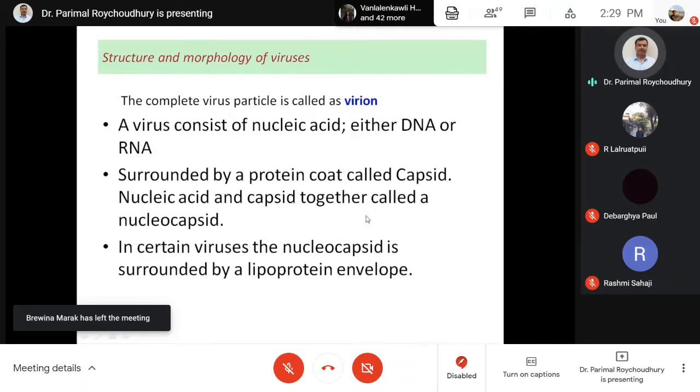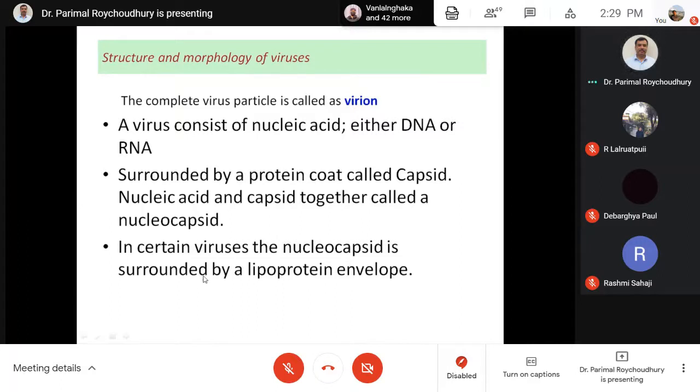Whether we talk about adenoviruses, circoviruses, or papovaviruses, all are simple nucleocapsid structure viruses. However, there is a certain category of viruses that, in addition to the nucleocapsid, acquire an envelope layer, which they straightaway steal from the host cell membrane, and that gives rise to the enveloped group of viruses.